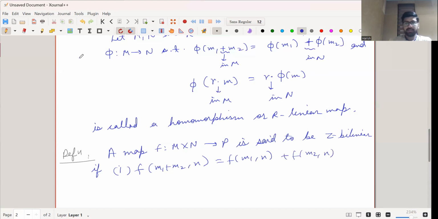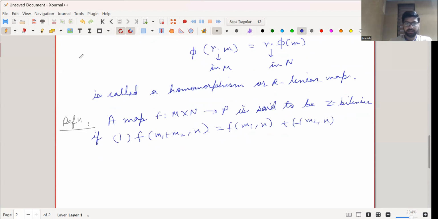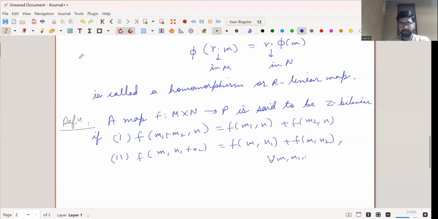So it's compatible with the addition in the first coordinate, and the second property is that it's compatible with the addition in the second coordinate. Okay. Again, it should happen for all m, m1, m2 in M, and for all n, n1, n2 in N. Okay.